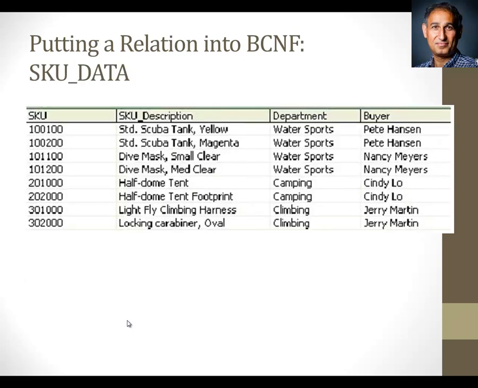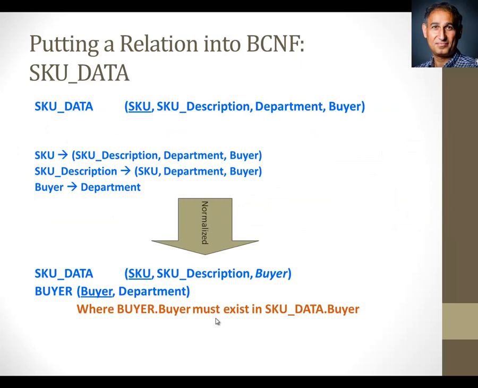Let's look at another example. We would like to normalize using BCNF the following relation, which is called SKU_data, the SKU data table. And again, we start with the process of identifying the functional dependencies in the table.